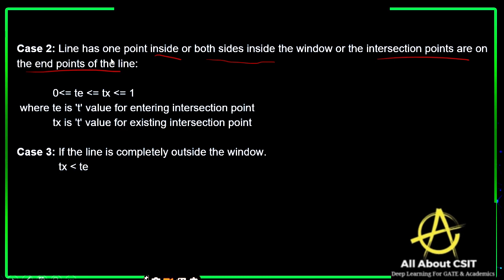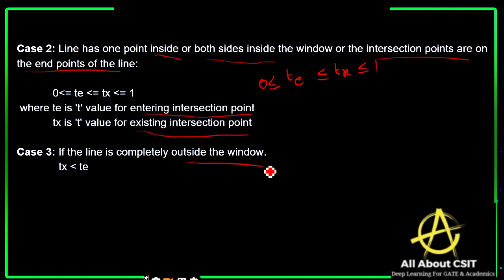Means three conditions are there. One point is inside, both points inside the window, or intersection points are on the end points of the line. Then the condition is 0 is less than or equal to te, less than or equal to tx, less than or equal to 1, where te is the entering intersection point and tx is the exiting intersection point.